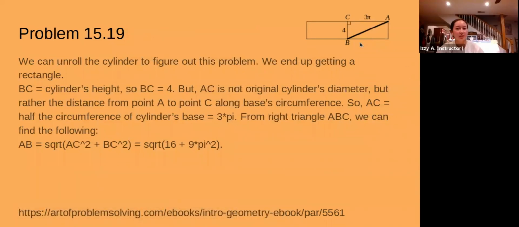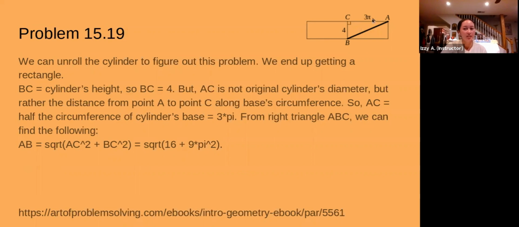So it was actually technically correct because you would form a diagonal shape. I mean, you wouldn't go directly through the cylinder, but you would unroll the cylinder, so then you could get a diagonal. So BC is the cylinder's height, which is equal to 4. But AC is not the original cylinder's diameter, but rather the distance from point A to point C along the base's circumference.